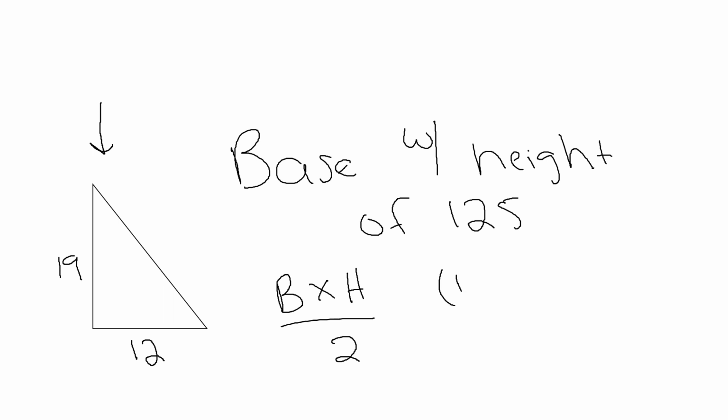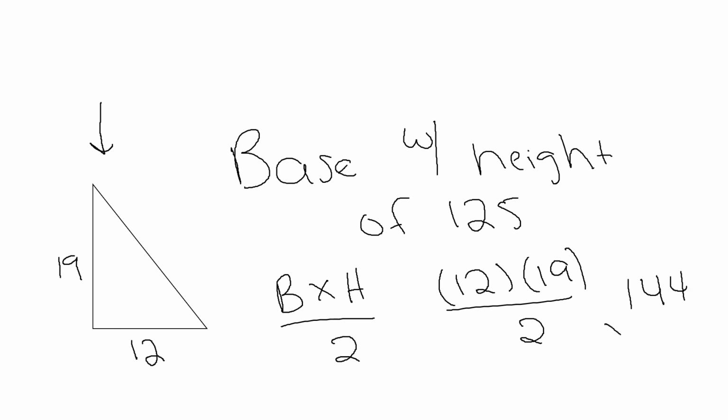So in this case, it's 12 times 19 divided by 2. 12 times 19 divided by 2 gives me 144. That's my base times the height. We're told it is 125, and this is going to be huge. And that gives me 14,250. And it's as simple as that.